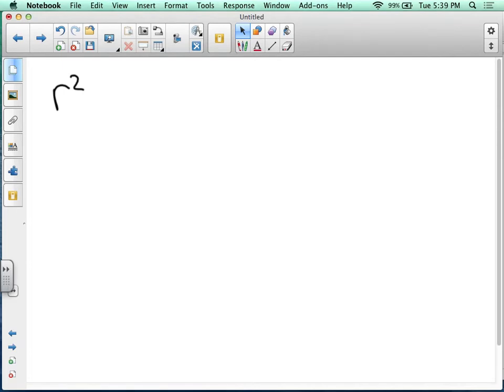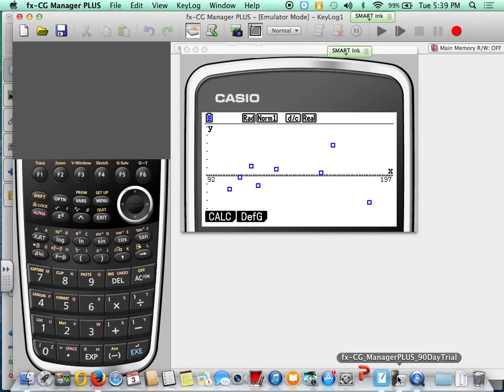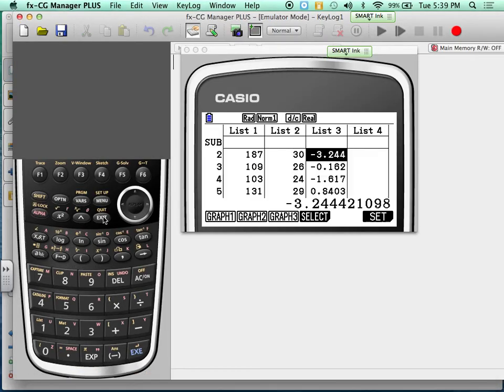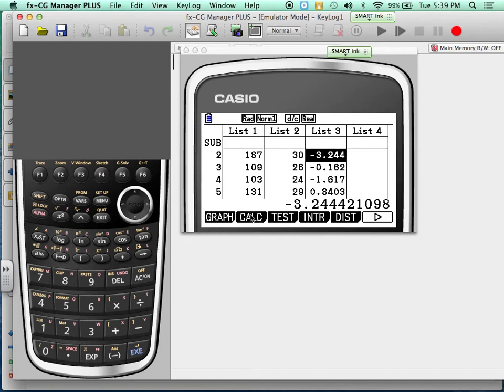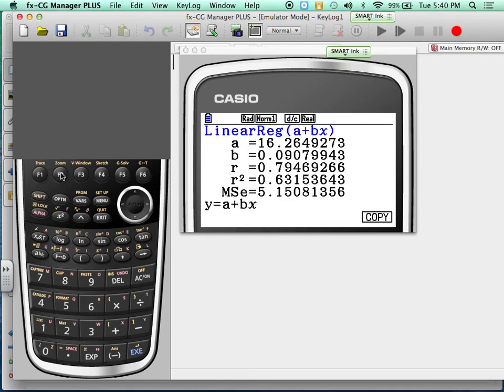So if I hit exit, I'm going to exit out of here. Remember, you can hit Calc, Reg, F1, A plus BX, and there it is. Your R squared is 0.63. It's this little portion right here. That's your R squared.